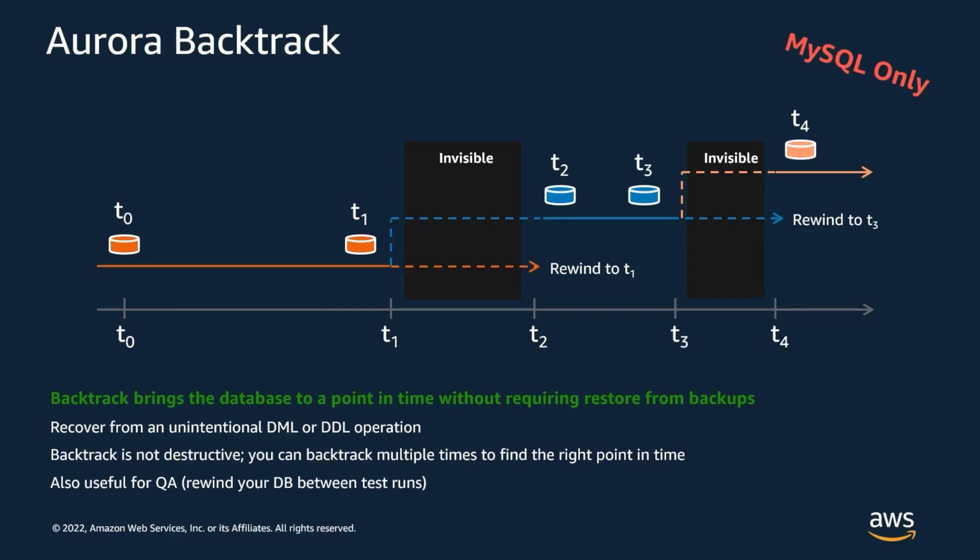This will make all changes between T1 and T2 invisible as if they never happened. When you're doing this reset, the entire cluster becomes unavailable and you see that the cluster is in a rewind state or a backtrack state. Similarly, if you realize at timestamp T4 that another unintentional change had happened, then you can rewind back to T3, making those changes between T4 and T3 invisible and continue normal database operations after that.